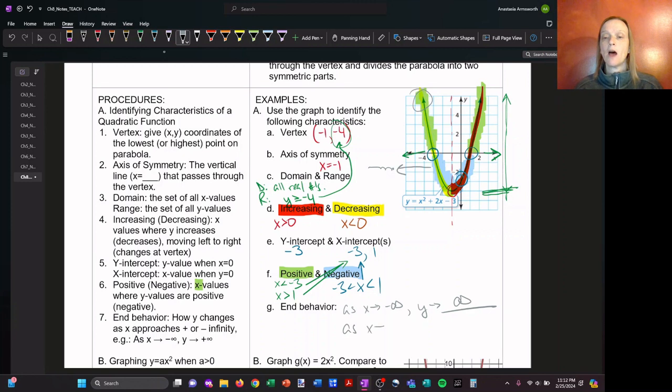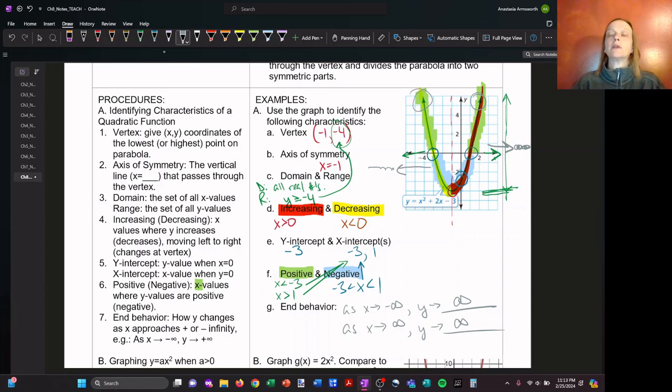Of course, there's also a positive end to this. What happens as x approaches positive infinity, as we keep on moving further and further to the right? Once again, I can see an arrow here indicating that the y values get bigger and bigger. So again, y approaches positive infinity for this particular parabola as we move to the right on the graph.